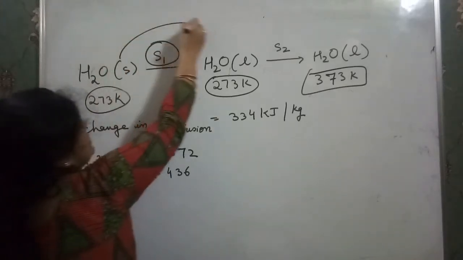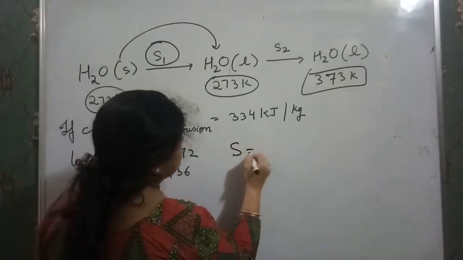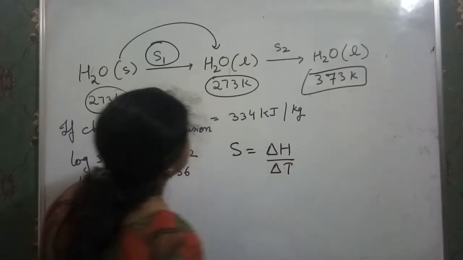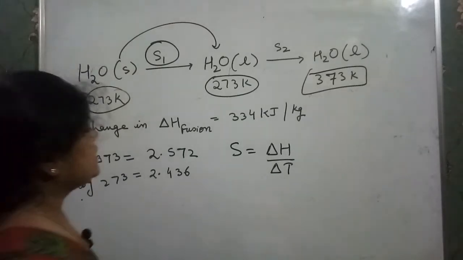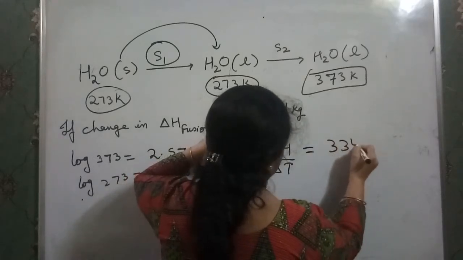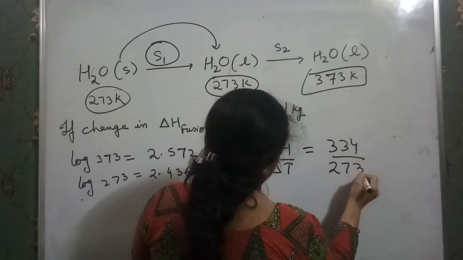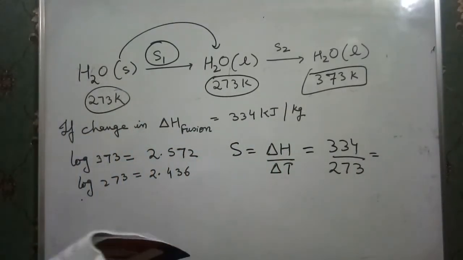When there is a change in state, our formula for entropy becomes delta H over T. In this case, the change in enthalpy is 334 and our temperature is 273 Kelvin. Let's solve it and find the answer.